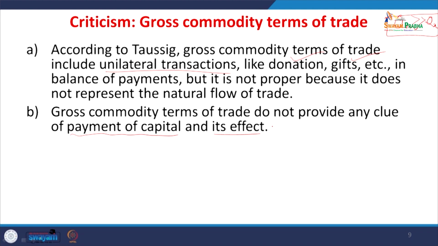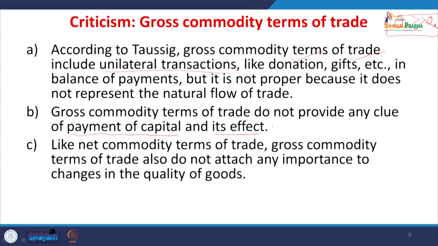Even the same was the case in the net barter terms of trade, where unilateral transfers or other forms of transactions are not discussed. It is purely based on barter terms of trade. So, other linkages to the transaction are not discussed in this method.